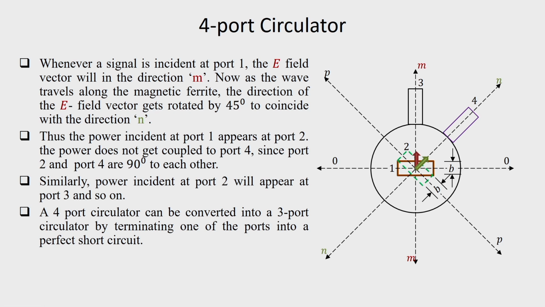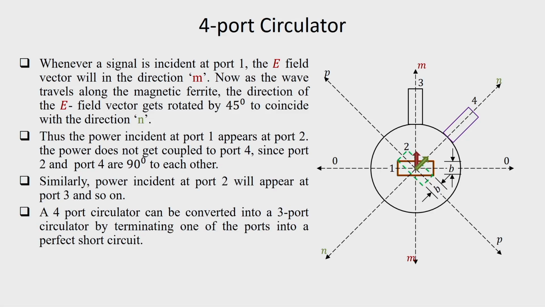And what we can do, a 4-port circulator can be converted to a 3-port circulator. We studied the basic 3-port circulator already while discussing S parameters. So, a 4-port circulator can be converted to a 3-port circulator by terminating one of the ports into a perfect short circuit.